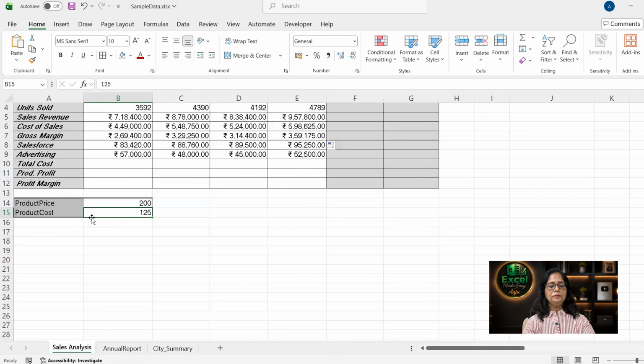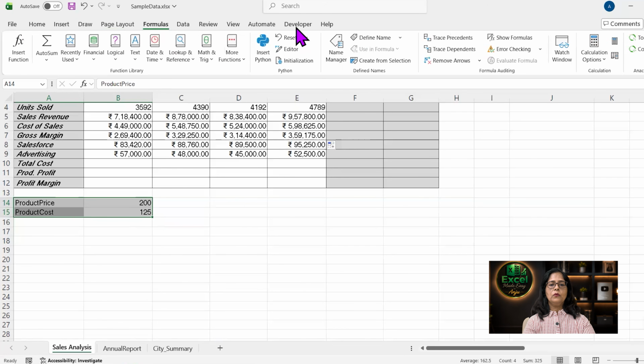What we could have done, since their names are already written over here, we select both. That means the name of the figure and the figure also. So we are selecting the two, and then in the formula tab, we have a section which is for defining the names for the cells.